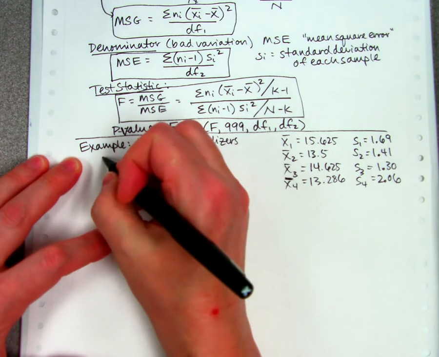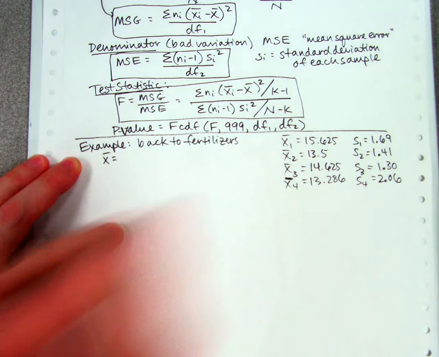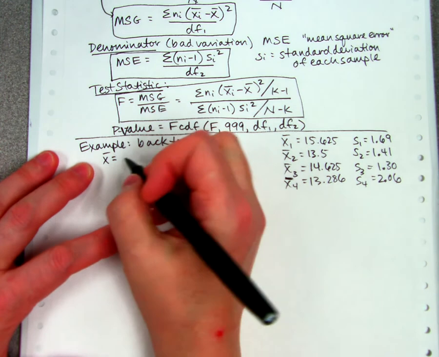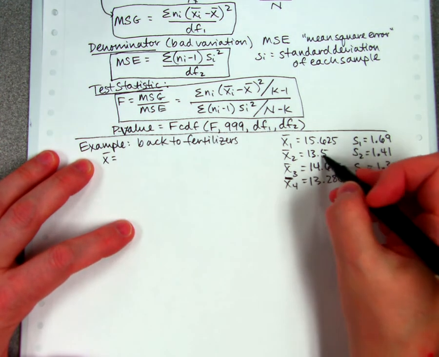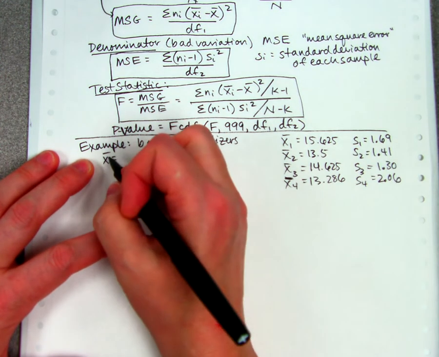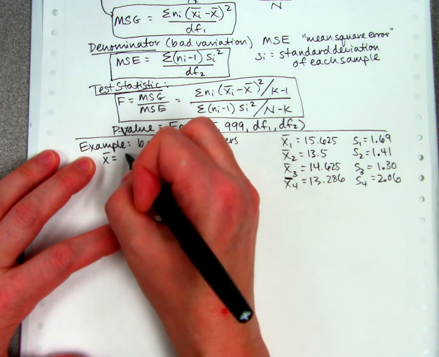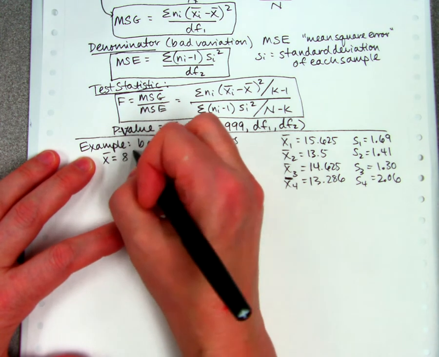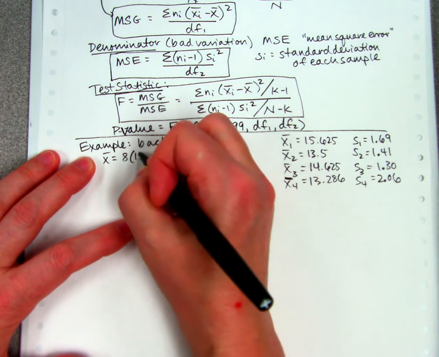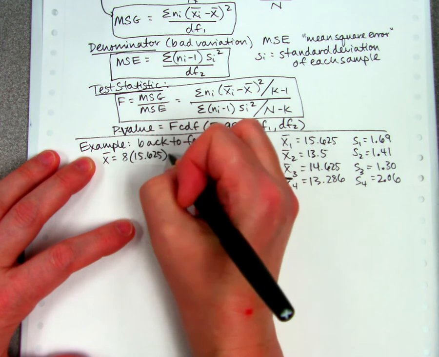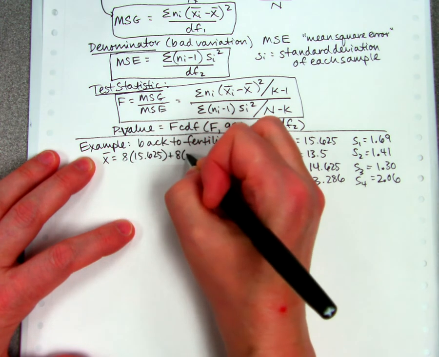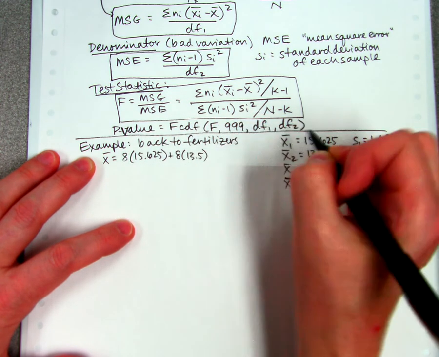Actually, I'm going to start by calculating the overall x bar. Remember that our n's were 8, 8, 8, 7. I'm not going to write those down again, but the sample sizes were 8, 8, 8, 7. We already found the DFs, so that will help. So we have to do 8 times the 15.625 plus 8 times the 13.5. Let's see, this is a minute.